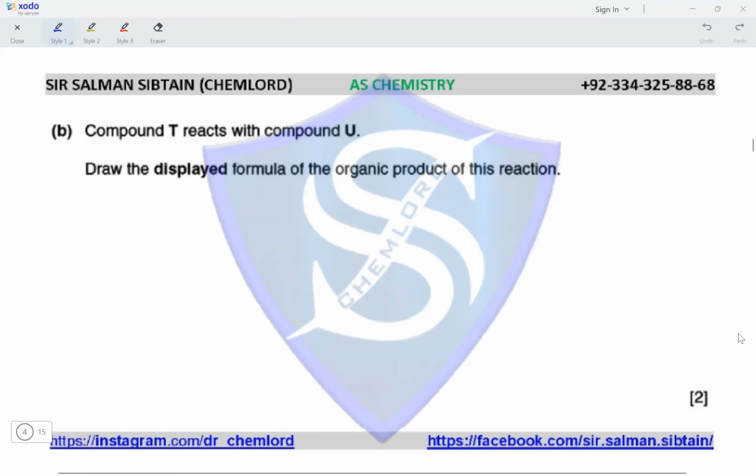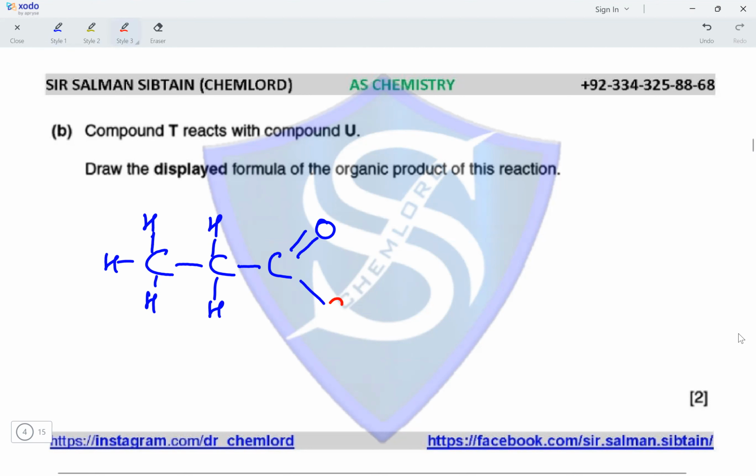So that would be CH3, CH2, C double bond O, then single bonded to the oxygen atom of butan-2-ol, which will be bonded to a hydrogen atom on one side and a CH3 group on the other. This will continue with a CH2 and ends up with a CH3, completing the structure of the ester.